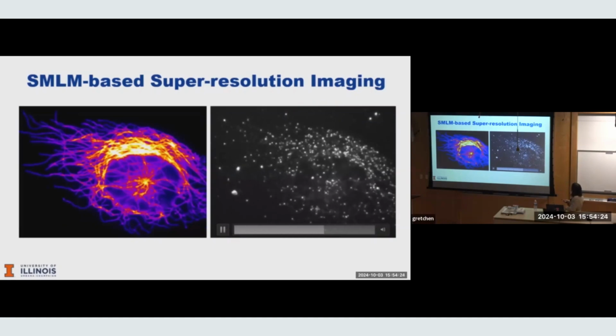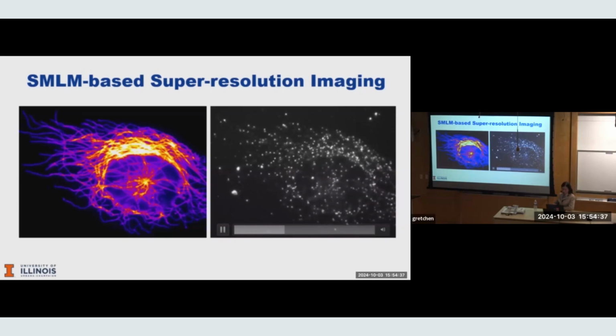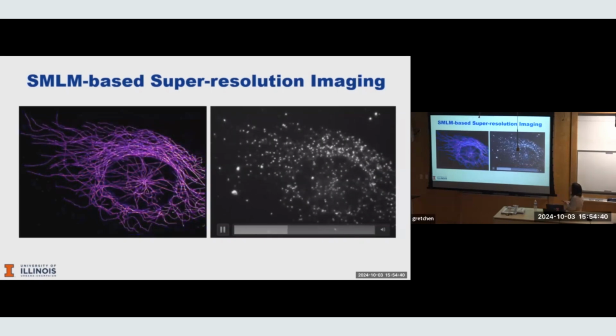It's just like blinking stars in each frame, and we accumulate this because it's a stochastic localization. You just accumulate sampling, so eventually we get a reconstructed image with about 10 times better resolution compared to the conventional diffraction limited image. Routinely we get roughly 20, 30 nanometers. People are pushing below 10 if your photons are super bright.